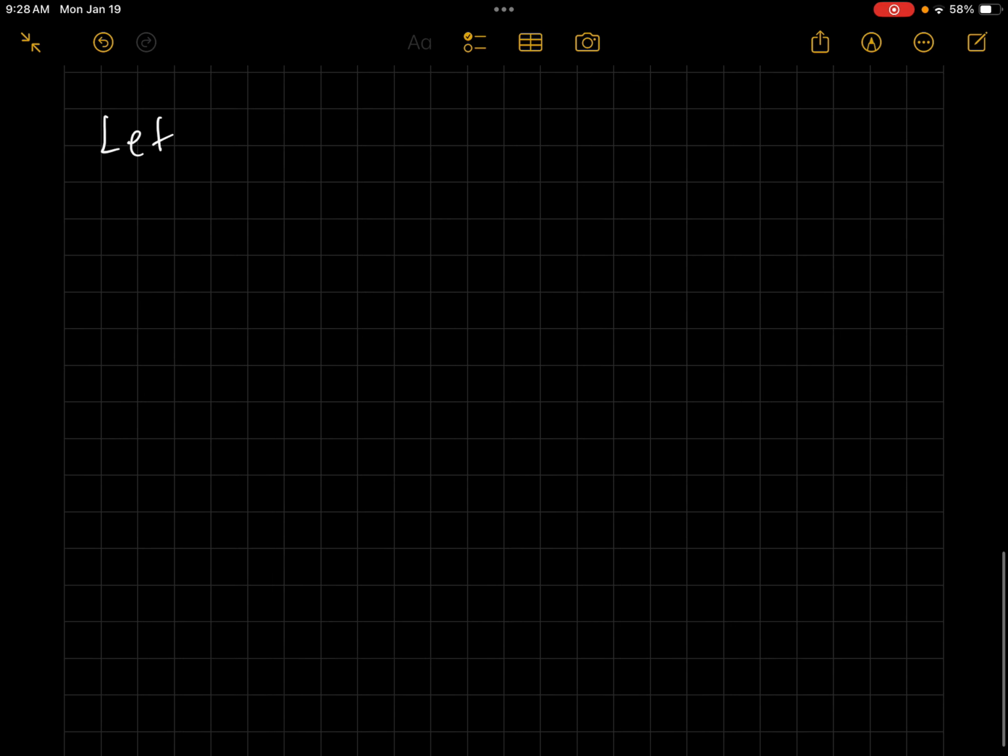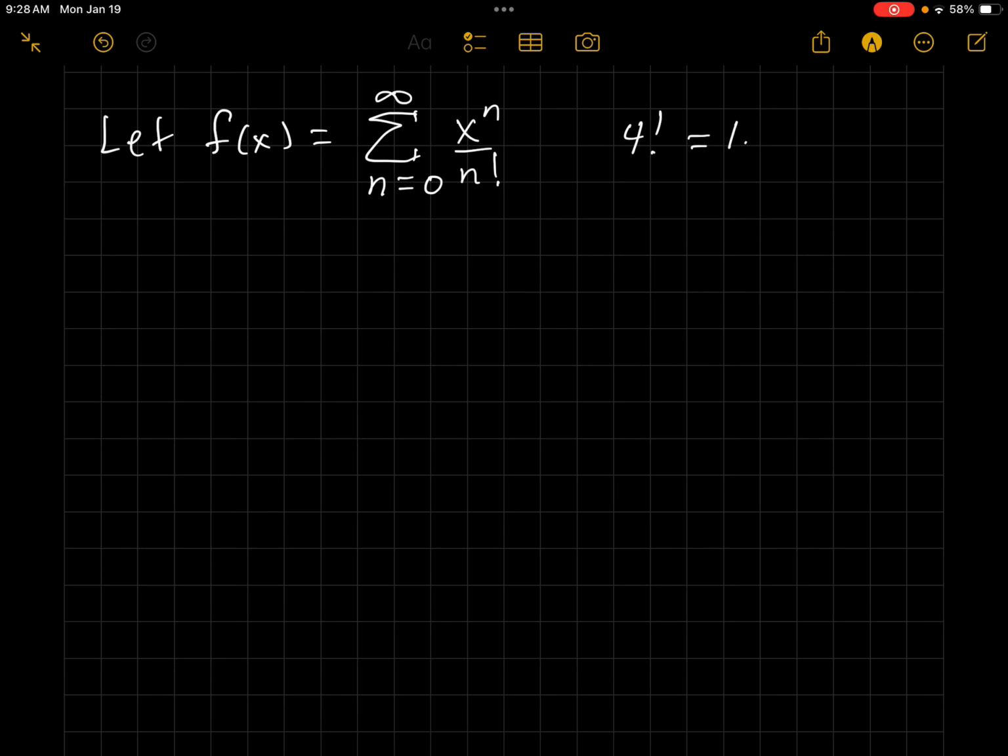But let's let f of x equal the following power series. The sum from 0 to infinity of x to the n over n factorial. An example of factorial would be 4 factorial, which is 1 times 2 times 3 times 4.